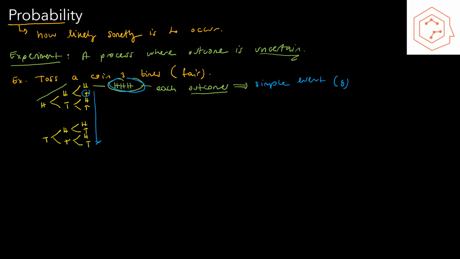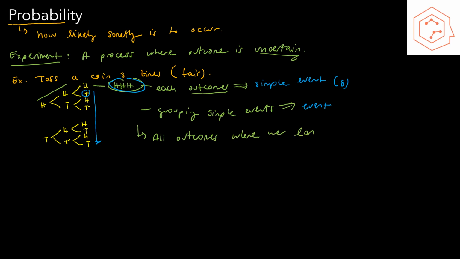If we group up these simple events, grouping these simple events gives us the broader term of simply an event. So if we group multiple simple events together, we get an event. So an example of an event would be all outcomes where we land heads first.